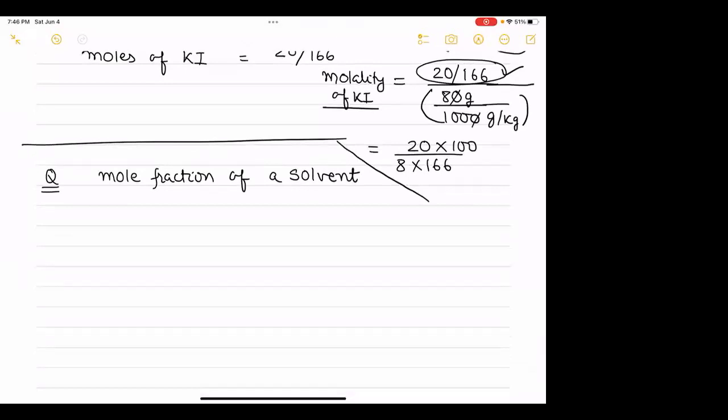Aqueous solution means it is the solution of water, and this is the mole fraction of the solvent only that is given. Normally the mole fraction is expressed for the solute, the substance which has dissolved, but in this case it is for the solvent. Mole fraction of the solvent in aqueous solution of a solute is 0.8.